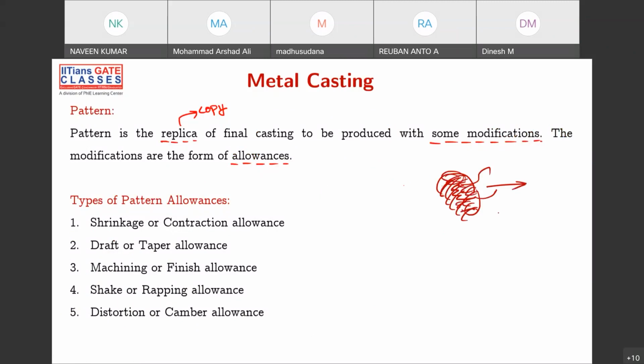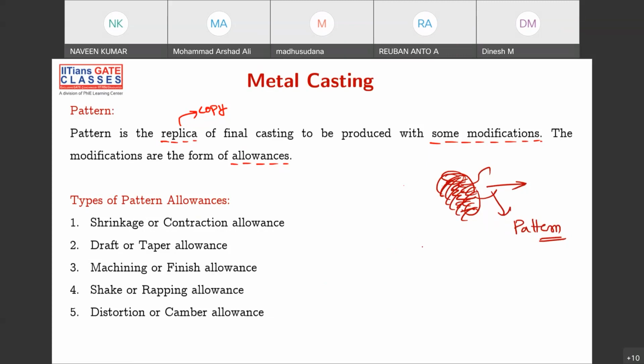And what is this leg? This leg is nothing but the pattern. Are you getting my point? Yes or no? That leg is called the pattern, because if you go and see inside, the hollow cavity that you formed with sand will be in the shape of your leg.